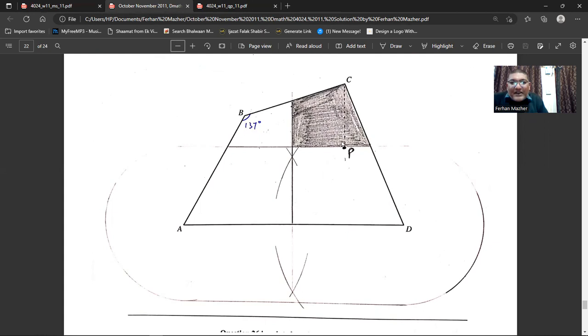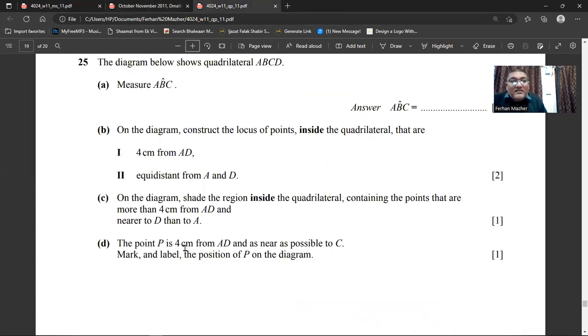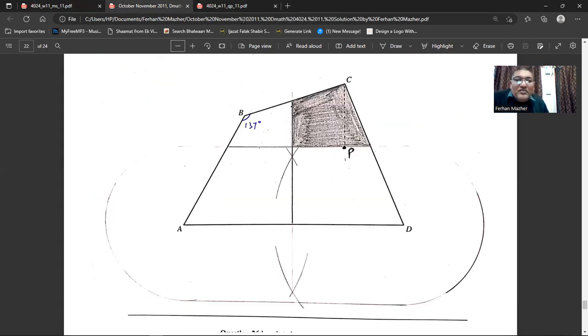So from C, the perpendicular to this line intersects here. So the point P is here. Point P is 4 centimeters from AD and as near as possible to C. Mark and label the position of P on the diagram. So this is the point P.